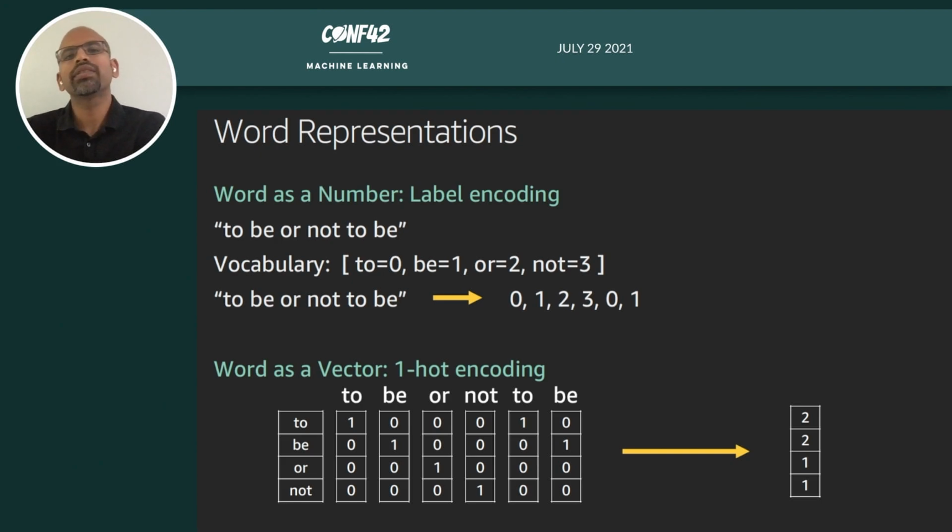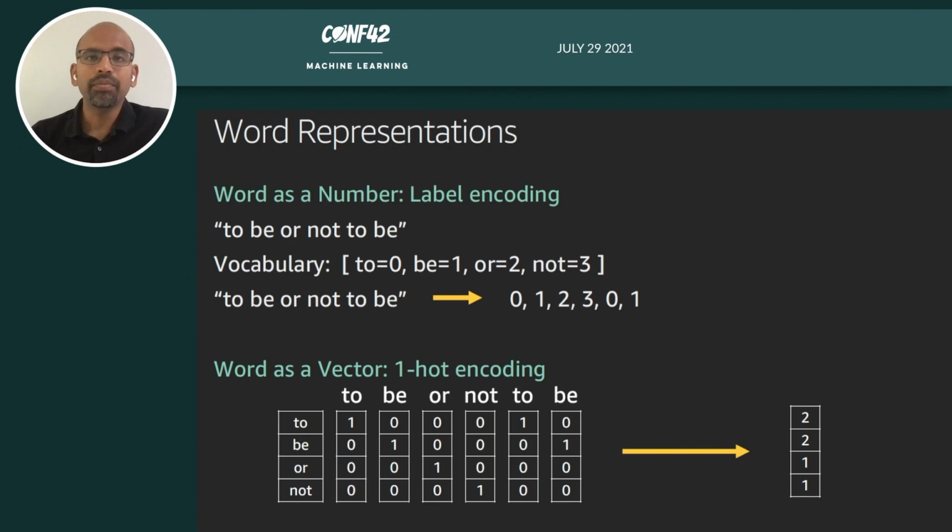If I want to represent this particular phrase you see there, to be or not to be, in a numerical form, how can I go about it? Let's say I represent each word with an individual label. Let's say I represent to with 0, be with 1, or with 2, not with 3. Now that gives me 0, 1, 2, 3, 0, 1, a set of numbers. This way of representing words with just unique labels is actually going to introduce random relationships.